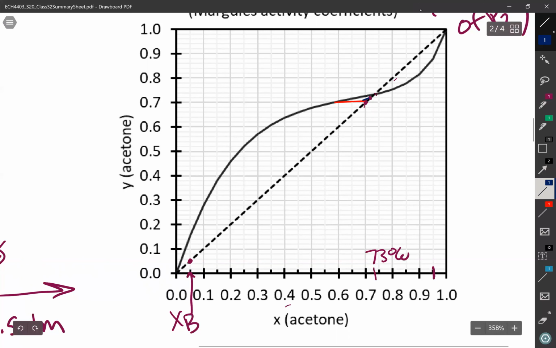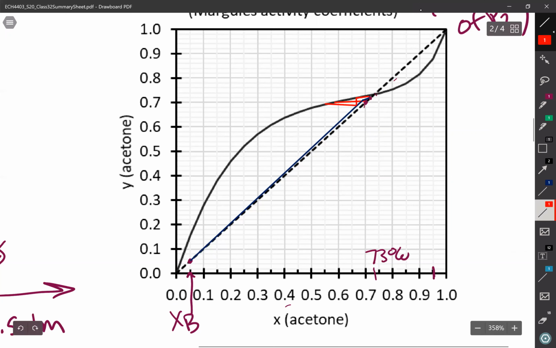If I send any less reflux, then my line is going to be out this way, and I'm going to have a lot more stages. So the closer I get to this pinch point, the more stages there are going to be. All right, so once I have that point, I can then connect XB to the intersection of the other two, and then I can continue stepping stages as I usually would.